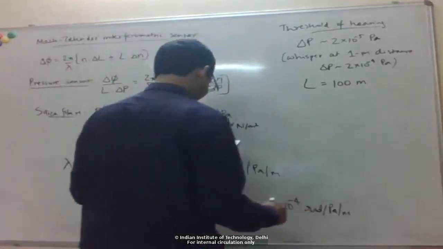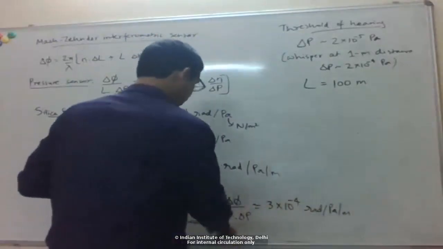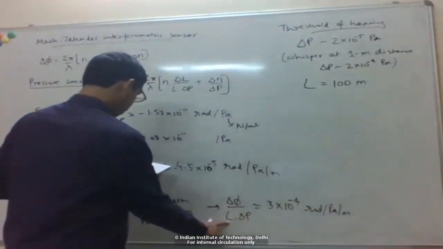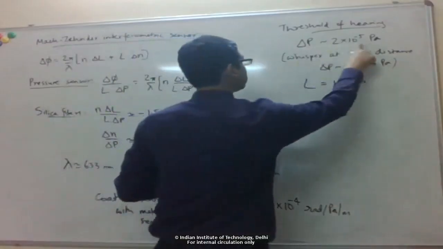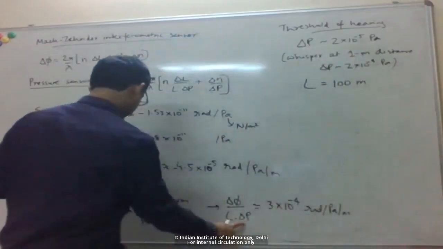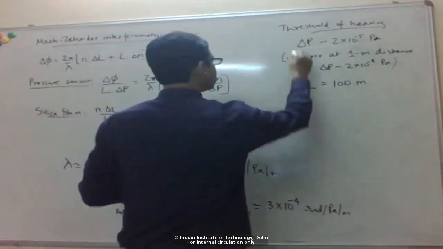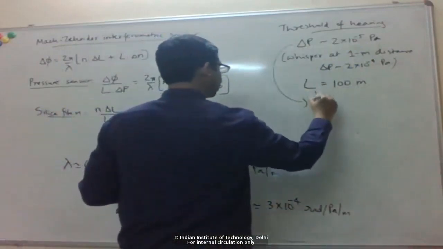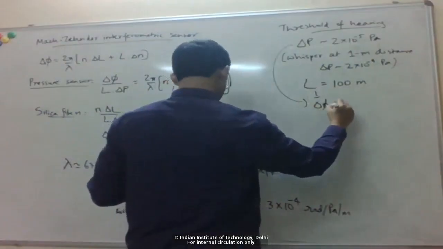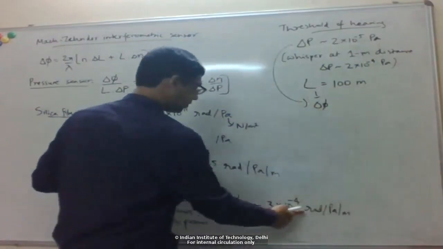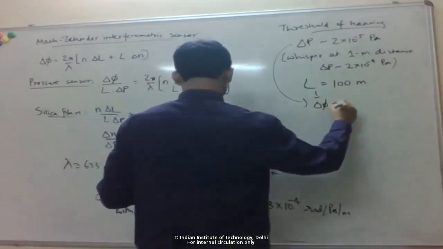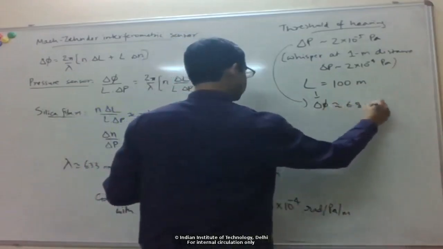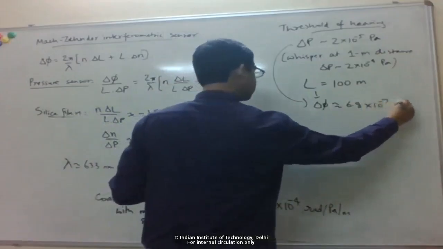Right, so if we take a length of 100 meter here, and then take this pressure change at the lowest threshold of hearing, 10 to the minus 5 here, then this would imply the phase change at this level of sensitivity comes out to be about 10 to the minus 7 radian.